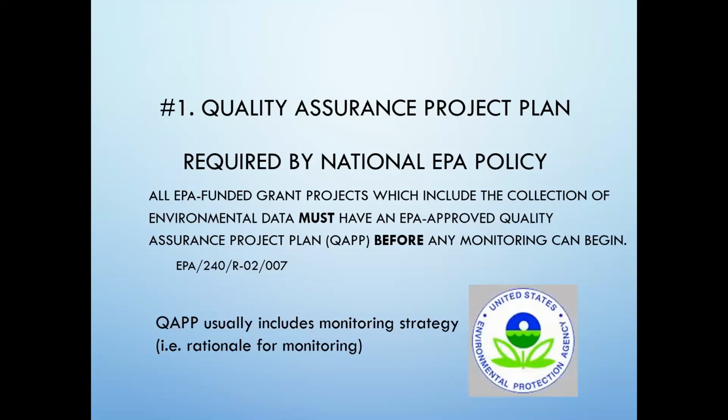These should be reviewed and updated at least every 5 years, but if you add new monitoring locations to your program or new water quality parameters, you should review and update your QAPP. A QAPP should contain your monitoring objectives, design, water quality indicators, quality assurance, data management, analysis and assessment, and procedures and protocol for reporting. So lots of things.